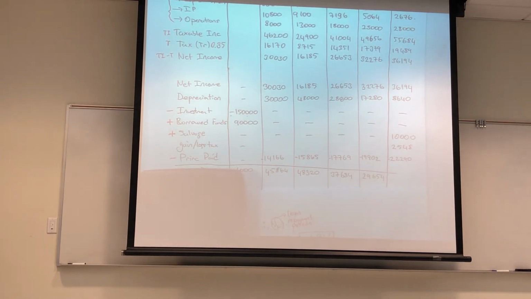And then 10,000 plus 2,548 plus 8,640 plus 36,194 minus 22,290, 35,092. Okay, are there any questions?